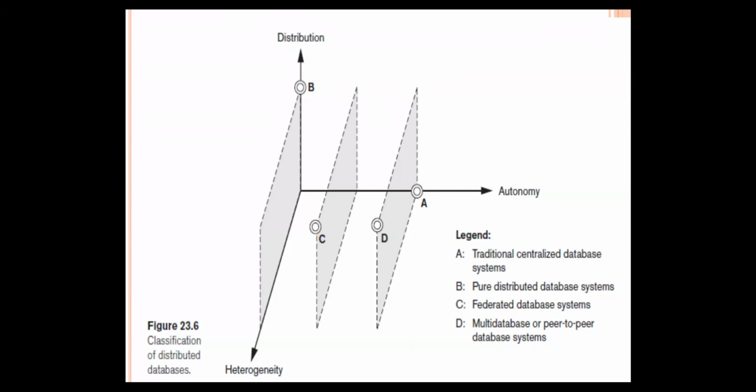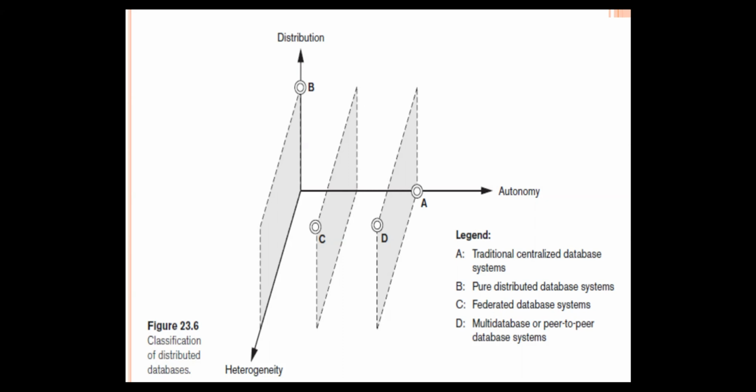So in traditional centralized database systems, the autonomy will be very high, but the distribution and other parameters will be very low. If you take the second type, the pure distributed database systems, the distribution will be very high. Here it takes the y-axis value as more than 50, and x-axis is 0, and the z-axis is 0.